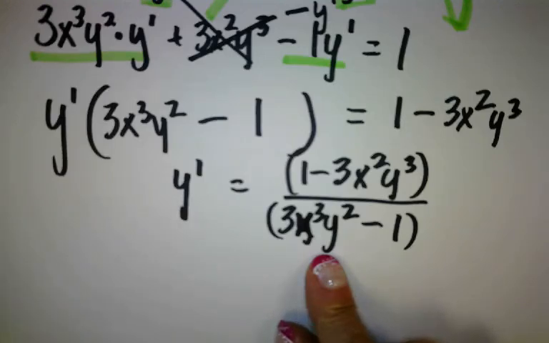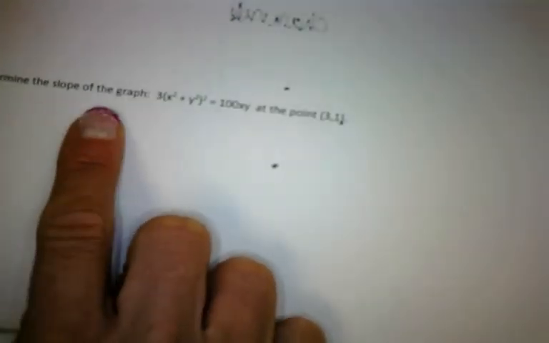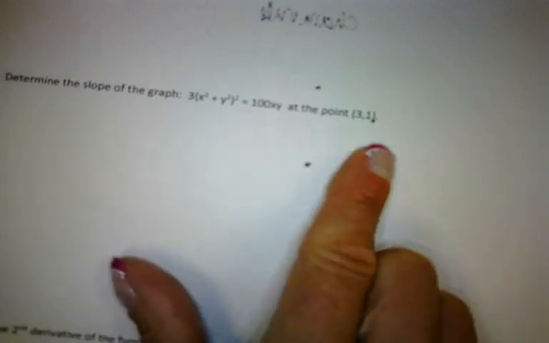All right, we have 2 more examples. Let's see how far we can get. So it says determine the slope of the graph here at this point. Now I want to make a couple comments about this because you might get problems that say determine the rate of change instead of the slope.